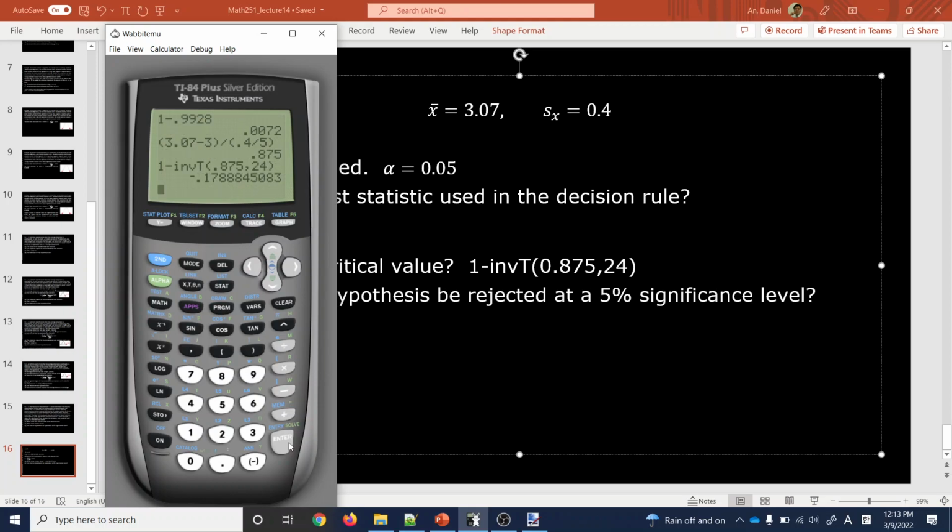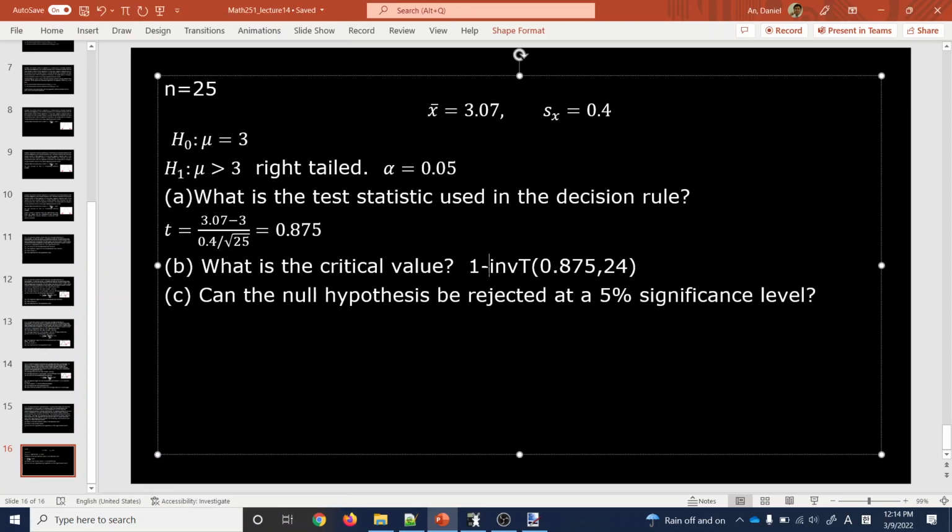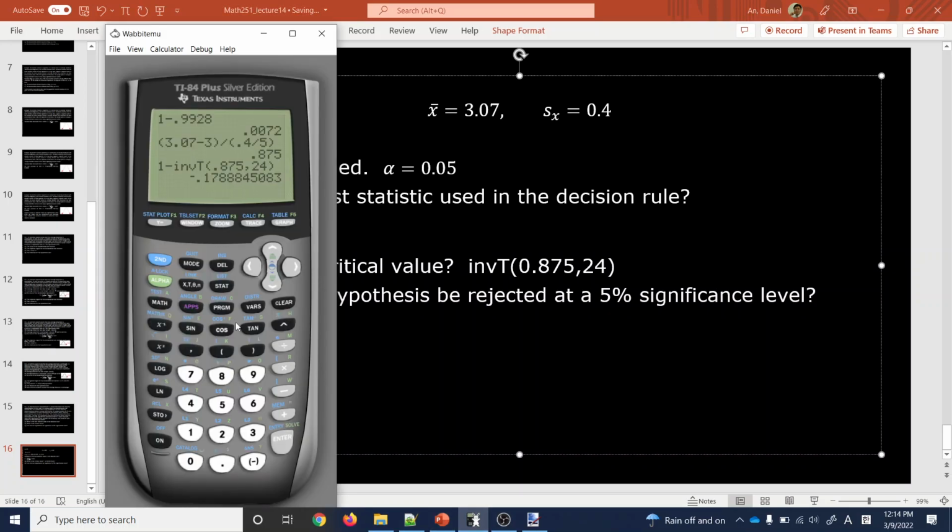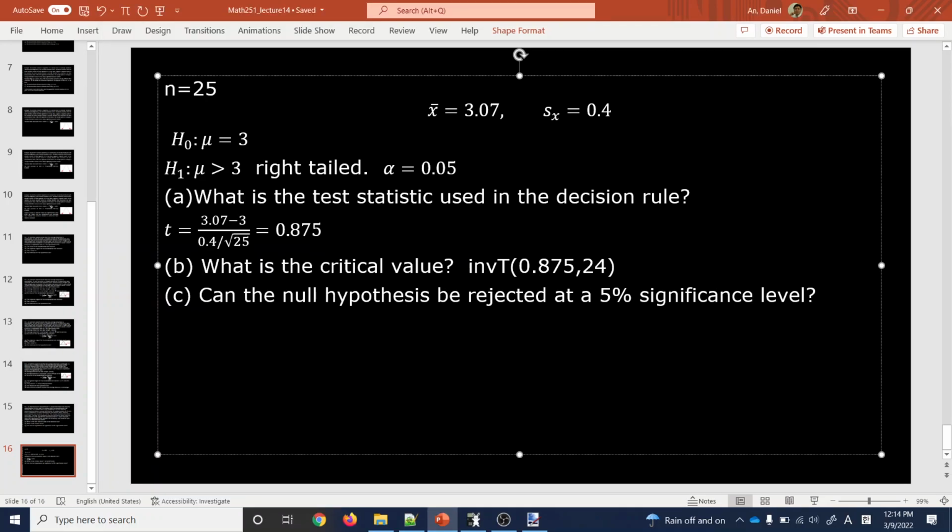oh no, just a minute. That's not how you do it. Sorry, I got it backwards. This shouldn't be that. It is simply this, right? Sorry about that. So second vars, inverse t. I messed up because I'm using the test statistic, right? You use the test statistic to get the p-value, and to get the critical value, you need the significance level.